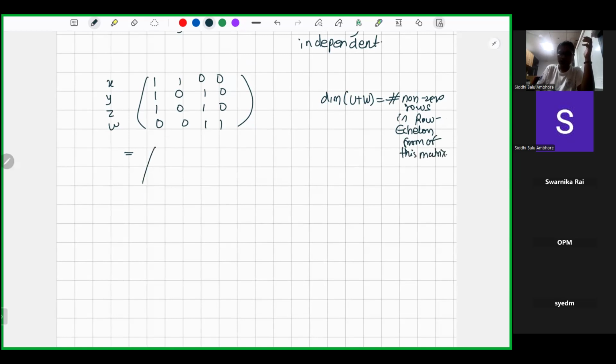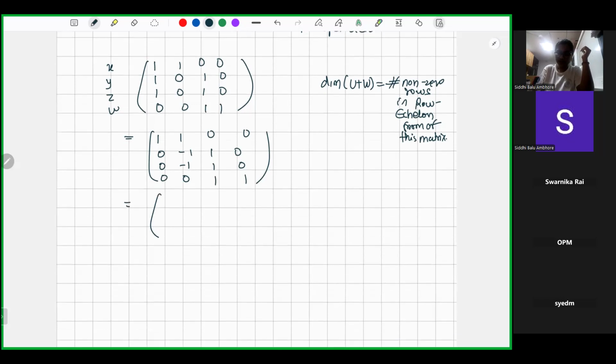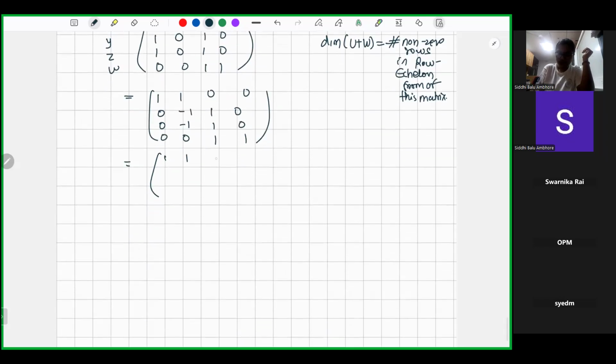So if I want to do that, I want to make this first entry 0. So I will get 0, minus 1, 1, 0, and 0, 0, 1, 1. And then I'm subtracting these two here, 1, 1, 0, 0, and 0, minus 1, 1, 0, and I will just get this.